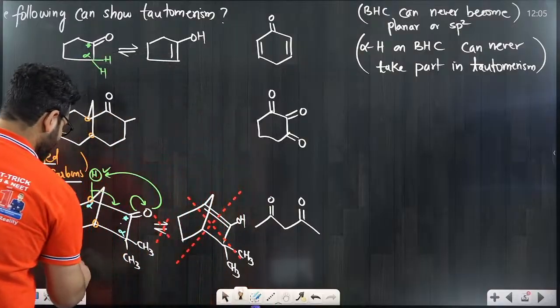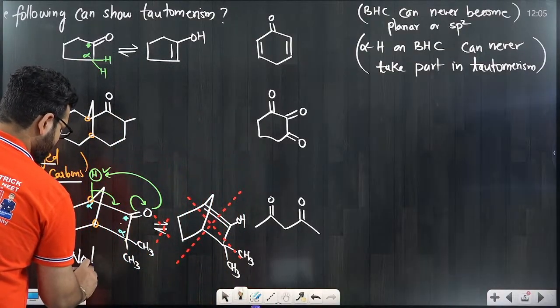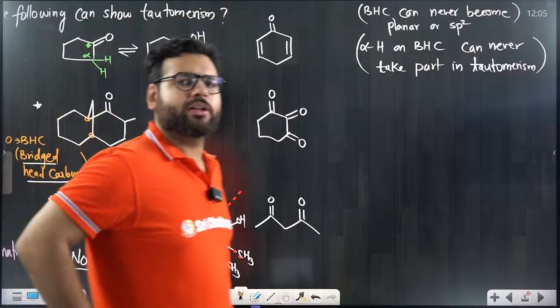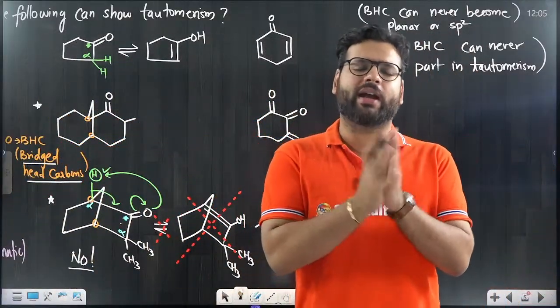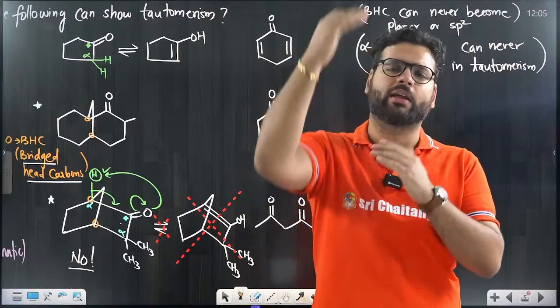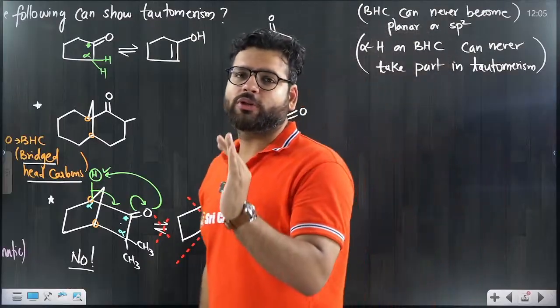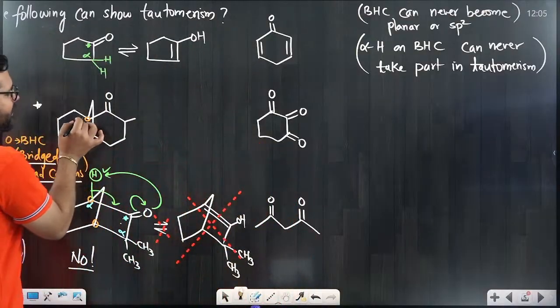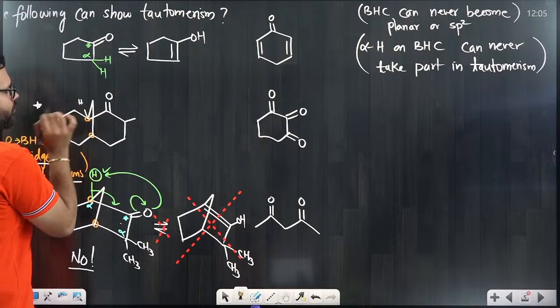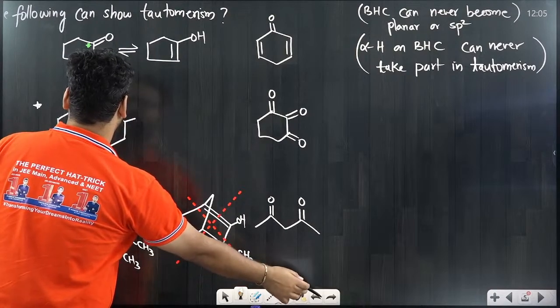Please remember, as an exceptional case, although sometimes alpha hydrogen is present on sp3 carbon, if that sp3 carbon is a bridgehead, from there a bridge is starting, then there is no possibility of tautomerism. Same way here, this is bridgehead, so its hydrogen I cannot choose. This hydrogen is useless.